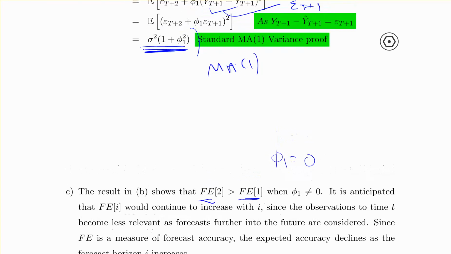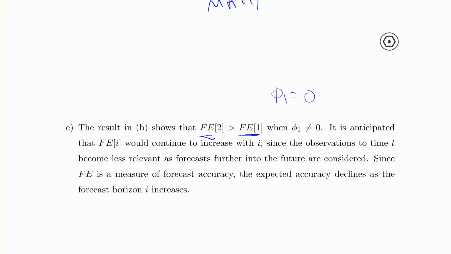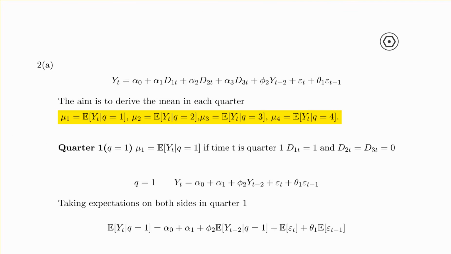And it makes sense that the forecast into the future is going to be less accurate because, of course, the outcomes today in a stationary process, the effect into the future is dying away very rapidly. So we should expect that the forecast error would increase as we increase the forecast period. Okay, so this just repeats a lot of what was said in the lecture, but for the example of an AR2. Okay, so we'll now move on to seasonality.